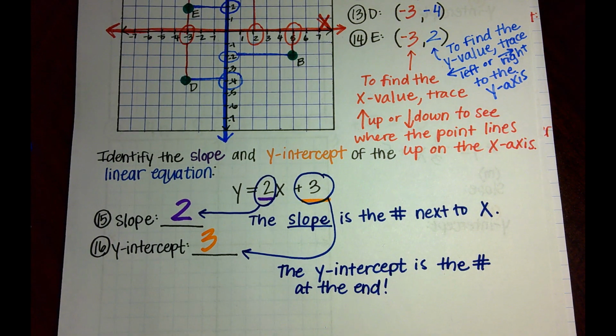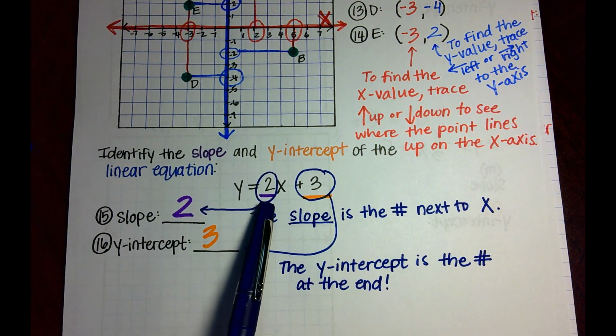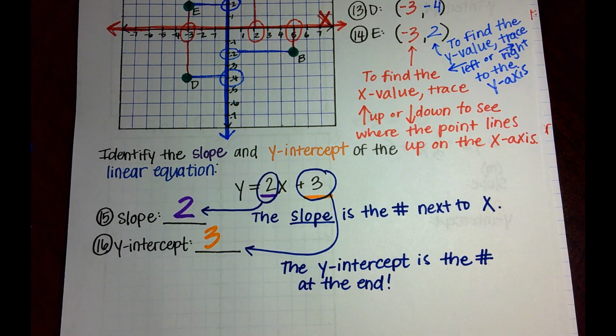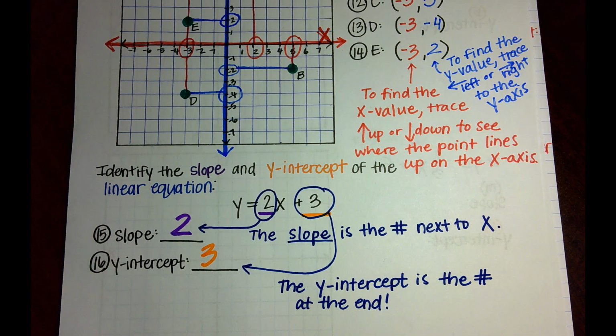So that's all you have to do for 15 and 16: see what's the number next to x, what's the number at the end, and then you write them down. This is just a little sneak peek into algebra. But that's all you do there.